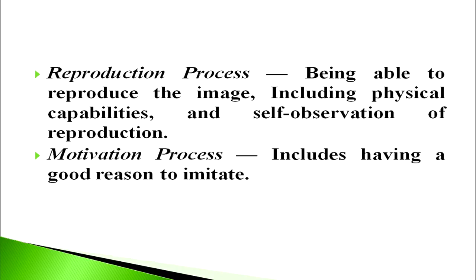Next is the reproduction process, being able to reproduce the image which we have retained previously, including physical capabilities and self-observation of reproduction. And next is the motivation or reinforcement process, which includes having a good reason to imitate. The person should have some reason, some purpose to imitate. Now, I would show all these processes through a very nice video. Let's watch a video.